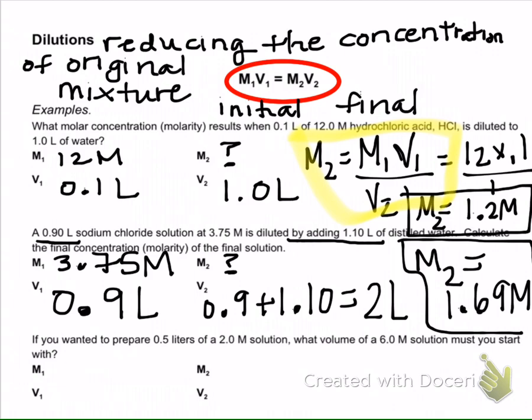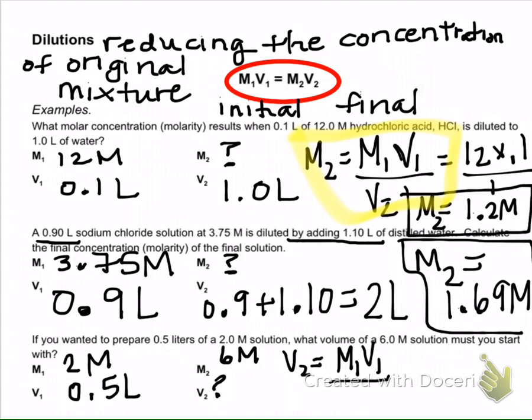Number 3 is kind of similar. The only thing here is we are looking for final volume. I have a 2 molar solution. I have a 0.5 liter volume. My final molarity is 6 molar. So now we're solving for V2. V2 is going to be M1 times V1 over M2.